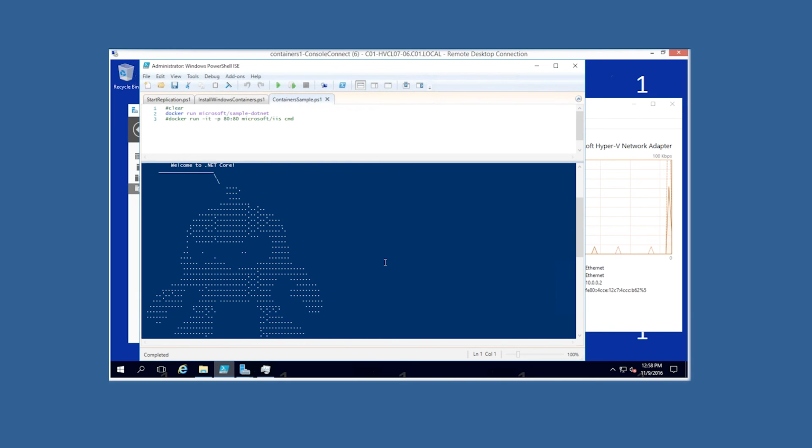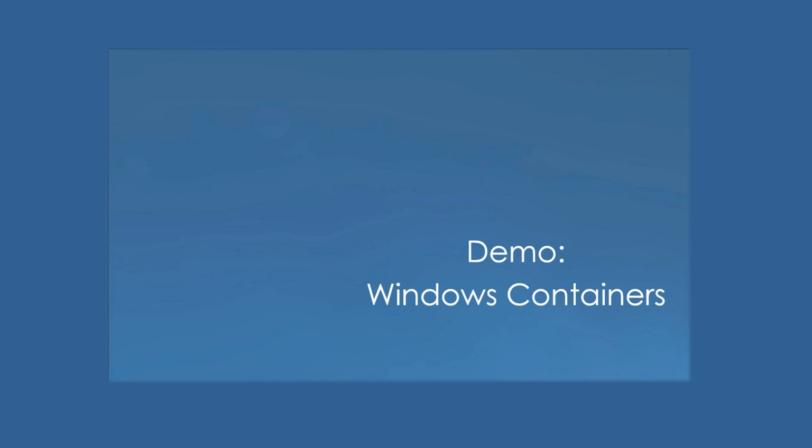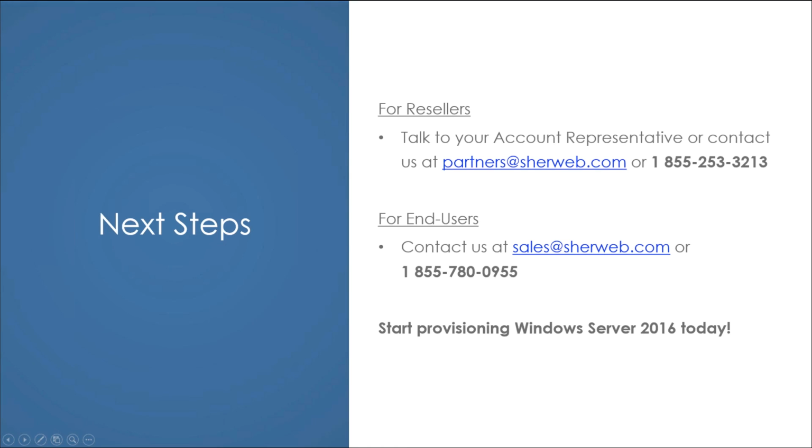For the people that are my age, probably very familiar with ASCII art. I don't know if the current generation is as well. Anyway, moving on. Windows containers are something you should probably look at if you do a lot of development or if you're building modern microservices.